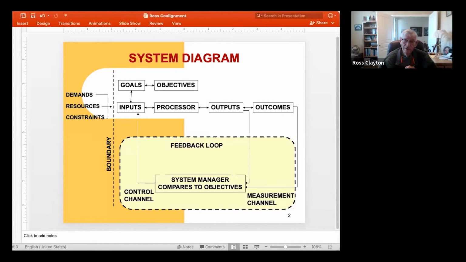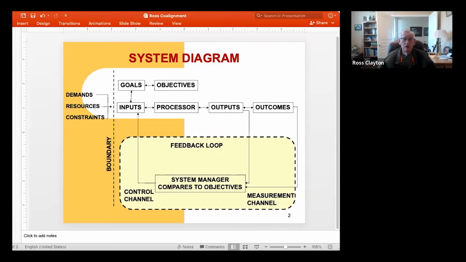So in that context, this is just an example of a tool one can use. It's basically a way of thinking of organizations as systems emphasizing the flow of information that occurs in organizations. So what you have on the screen is a diagram, and I have my students diagram their organization in some detail.